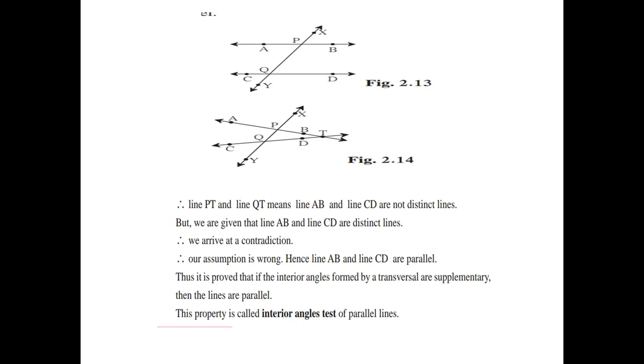But in the given, they have already mentioned that they are distinct lines, they are different lines. So we have a contradiction between what is given and what we have proved. Therefore, our assumption that line AB is not parallel to line CD is wrong.